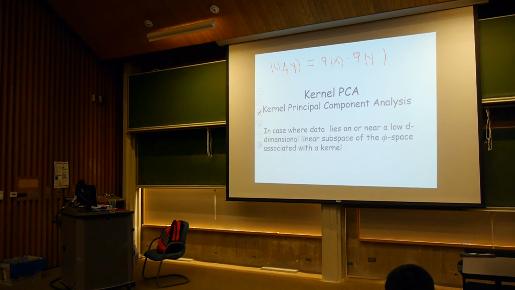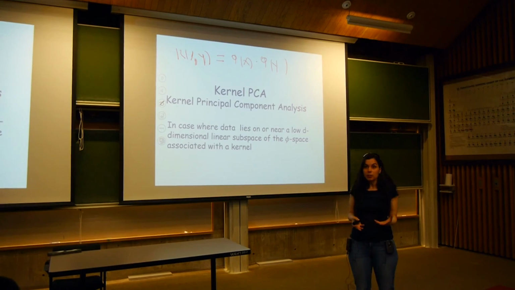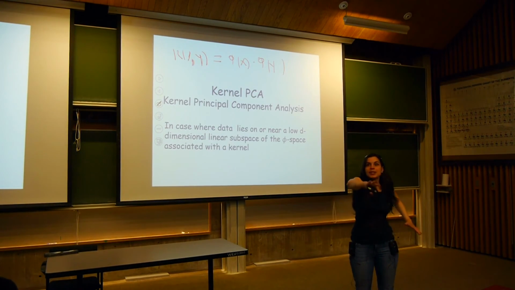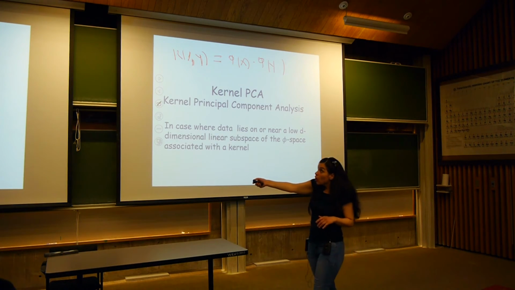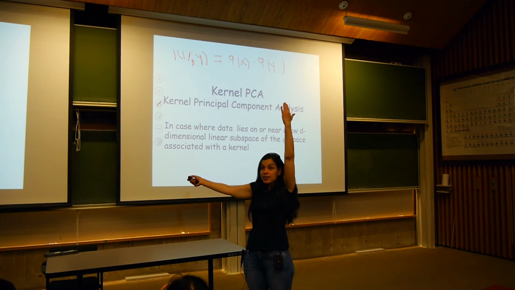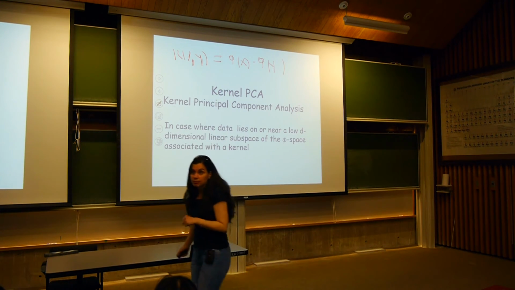If that's the case, then this is when kernel PCA will do well. The data might not be close to a linear subspace in the original representation, but it might be close to a linear subspace of the phi space corresponding to my kernel. If so, then I can just apply kernel PCA.